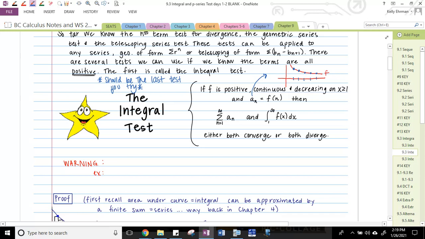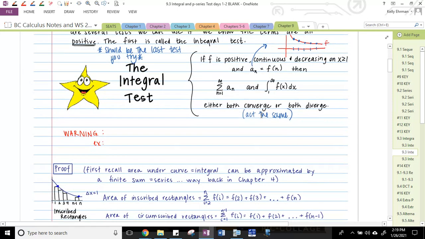Visually, that answer should be no, right? This could be like 5 plus 4 plus 3 plus 2 plus 1, something like that. That is definitely not going to be the same as the area I get when I fill in all of that space between f of x and the x-axis. So sure, they both act the same way. They either both converge or they both diverge, but they don't converge to the same value.